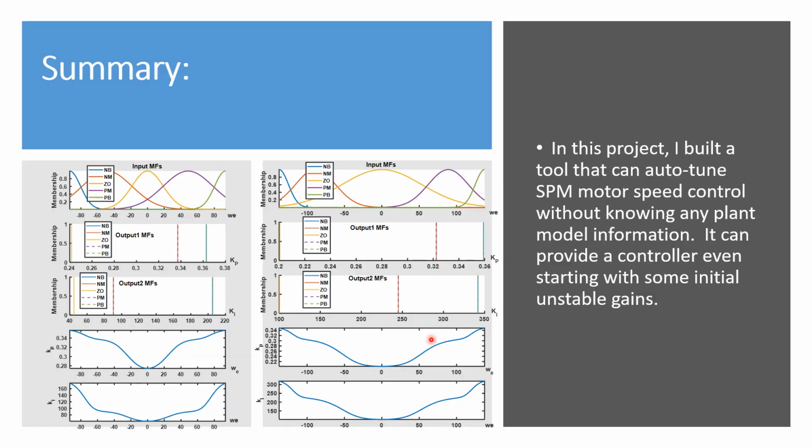This is the summary. In this project, I built a tool that can auto-tune the SPM motor speed control without even knowing any plant model information. So it can provide a controller even starting with some initial unstable gains. You can see this input MFs is free to tune, and the universe of discourse is also free to tune, because here you can see it's roughly 90, and here it is roughly 120 or 150.